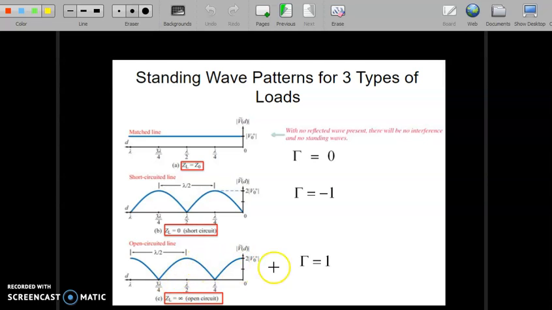In that case the reflection coefficient is 1, but the shape of the resultant wave is completely different from the above two cases. So these are the wave shapes of the standing waves. Here there is no standing wave because there is no reflection, but here there is reflection, and this is the standing wave. And in the last case, when the transmission line end is open circuited, this is the standing wave.